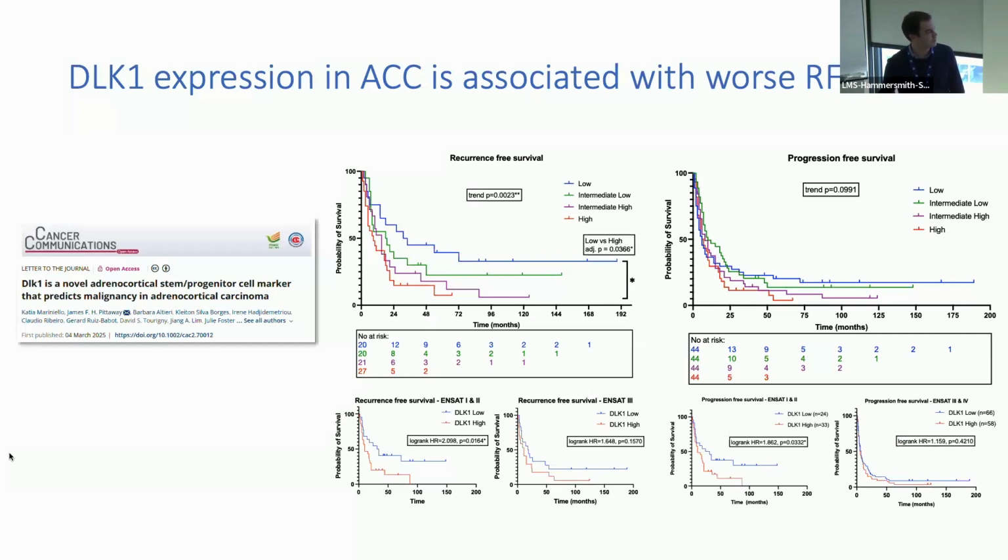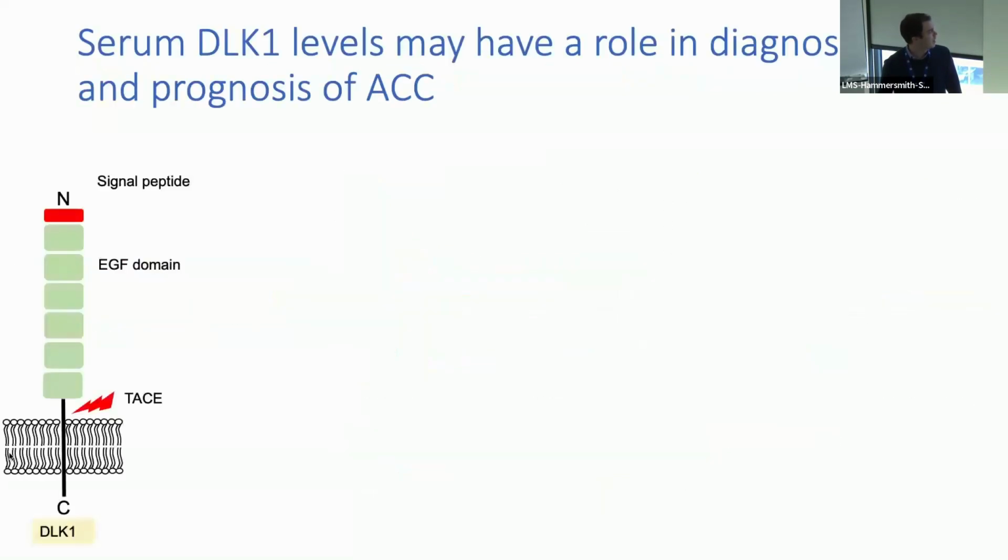The progression was not quite reaching statistical significance, but you can see there's a sort of dose-dependent fanning that was statistically significant for recurrence-free survival. And importantly, when we did some univariate and multivariate analyses, the prognostic value for recurrence and progression was independent from other known prognostic factors. So we know obviously steroid excess, Ki67, etc. So this was independent from that and ENSAT stage.